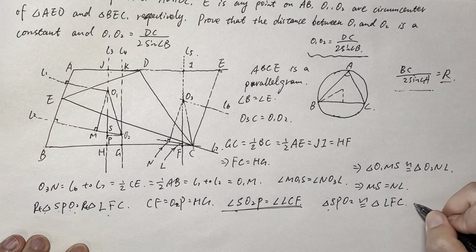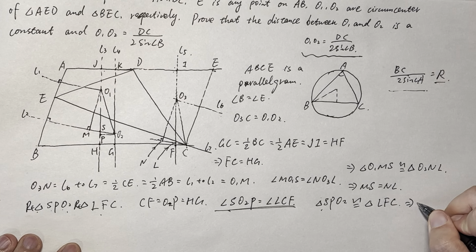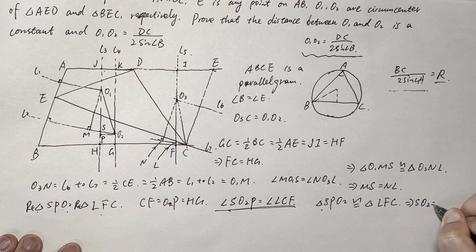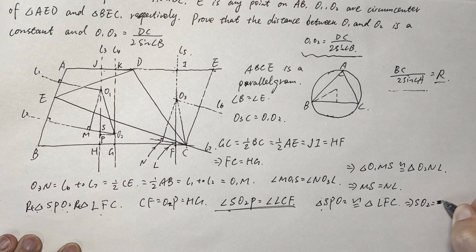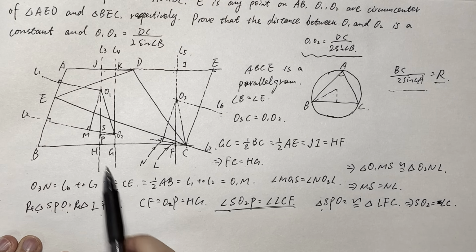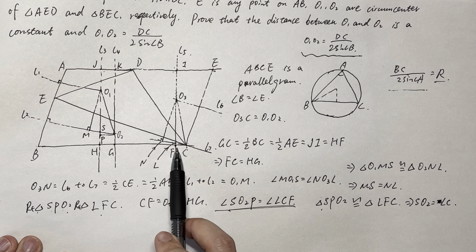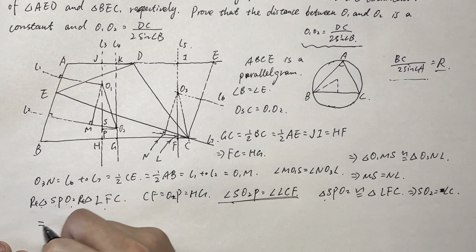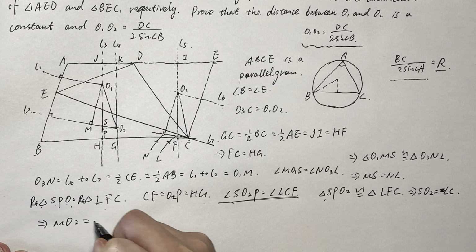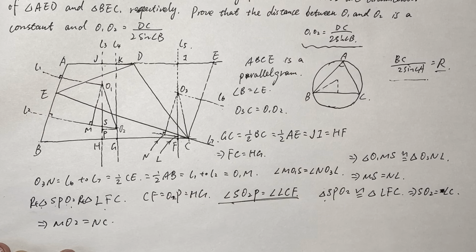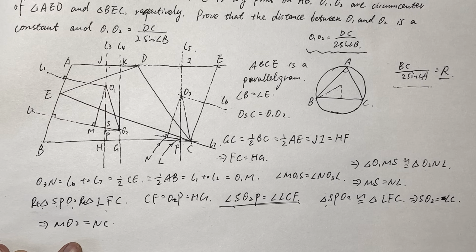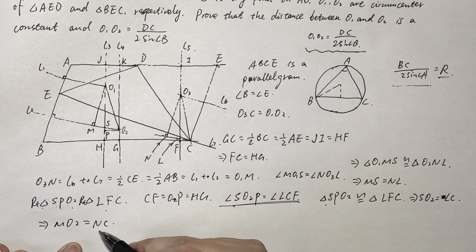Based on this, we know that SO2 equals LC. So MS equals NL, SO2 equals LC, which means MO2 equals NC.